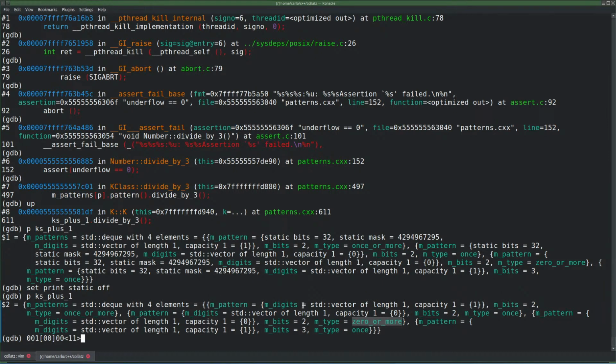So again, digits, 2 bits with the value 1. Oh, that's not correct. The value is 1. We have 2 bits, a value of 1 repeated once or more. So between angle brackets. And then I get the value of 0, 2 bits. And that is fixed. And then we get the value of 1 again with 3 bits. No, I'm skipping something.